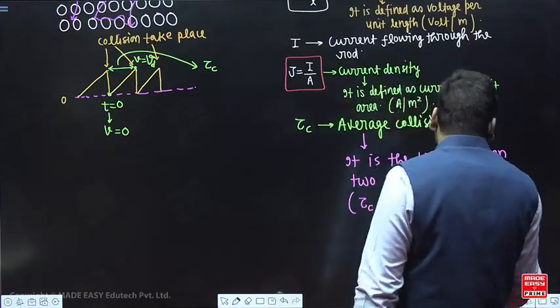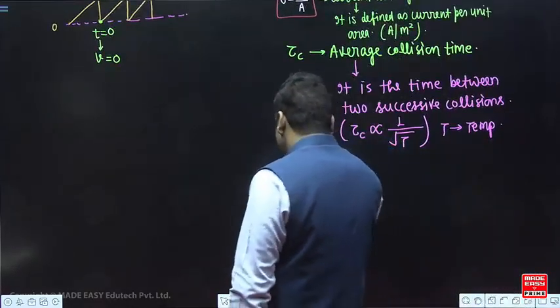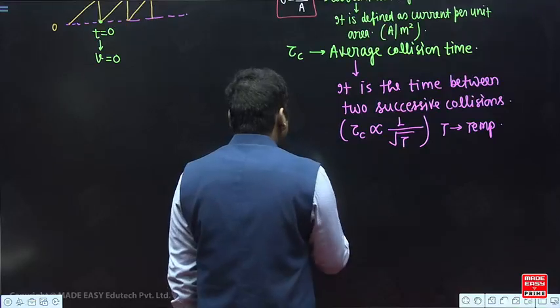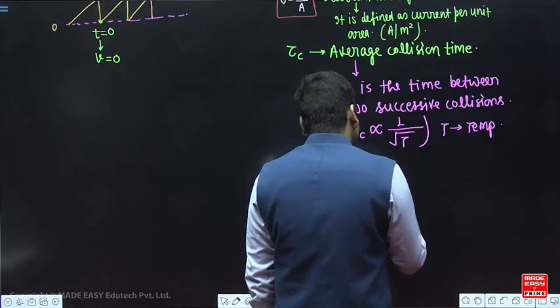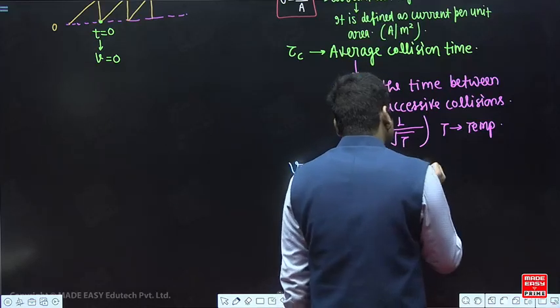Here I have shown v equal to vd. vd is known as drift velocity of electron.